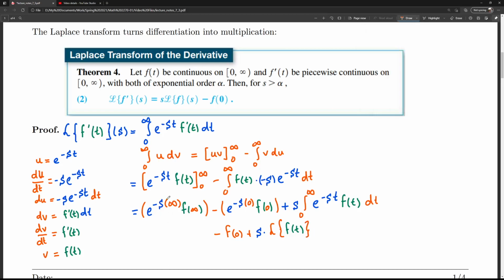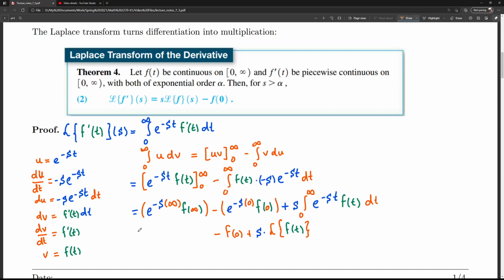So now let's worry about what is happening here. f of infinity is something that could potentially blow up, right? If f goes to infinity. But we know that f is of exponential order alpha. So what that means is when we plug in infinity here, this whole thing goes to 0.